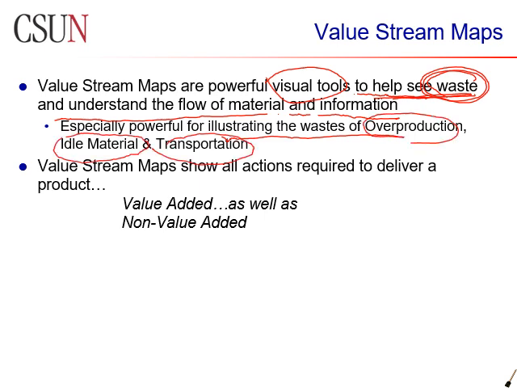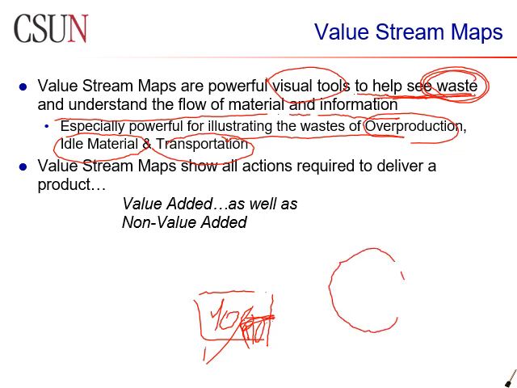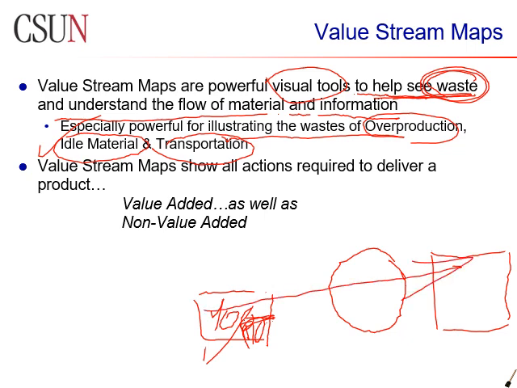In other words, overproduction: when we find that we produce 100 and we consume 10, this is an overproduction case. It will be very obvious from our chart. Or if you store a lot of material before a machine, this is idle material. We're not doing anything with the material until there is a production. If we move from one part to another part, all of this will be very obvious from constructing a value stream map.